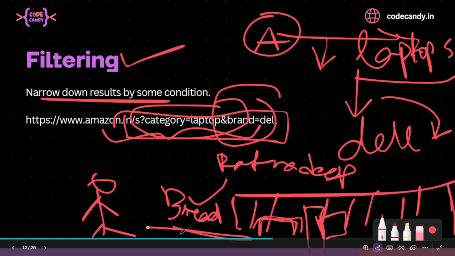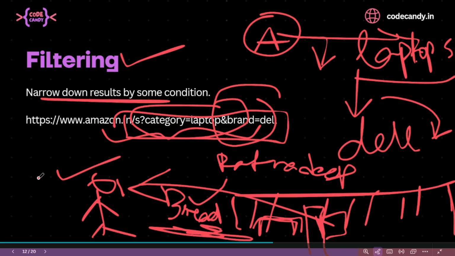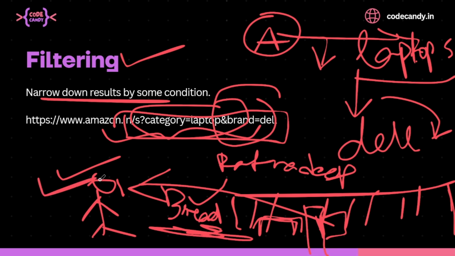So I'll directly go and ask this person where the bread is located, and I'll go to that particular row, and then in that particular rack I will grab my bread, take the bill and come out. In this way, query parameters are used to filter the data and find exactly what you want faster and easier.